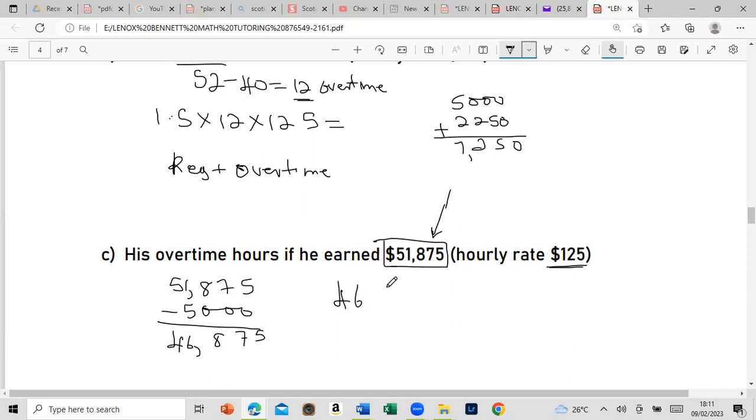Well, I said 46,875 is equal to 1.5, which is the overtime rate, multiplied by the basic rate, which is $125, and by h, as an unknown.